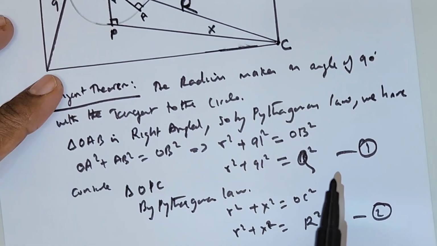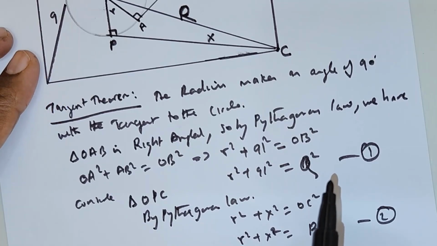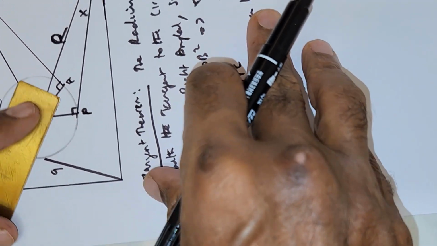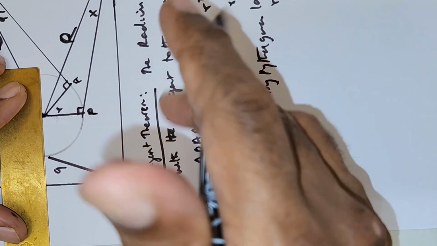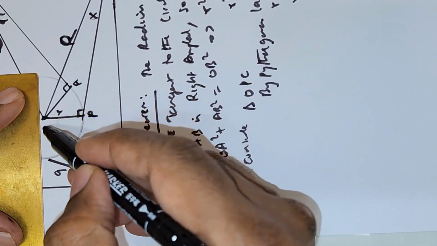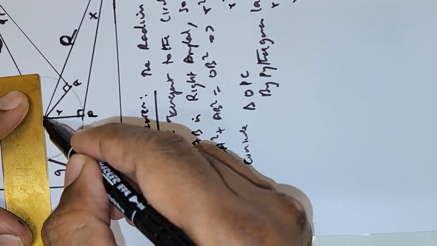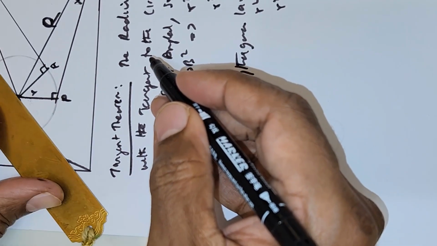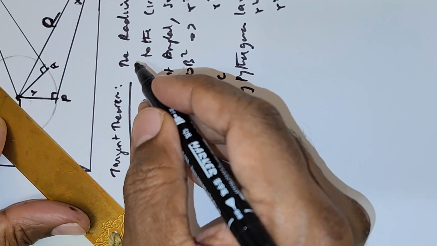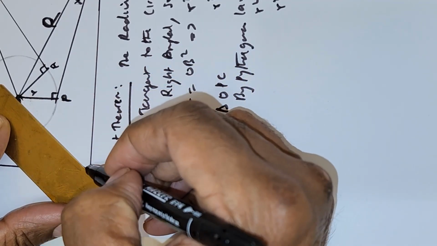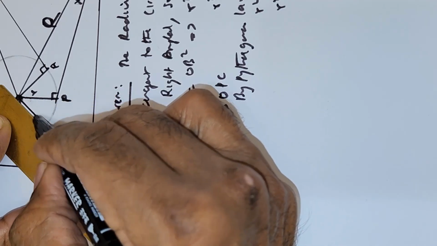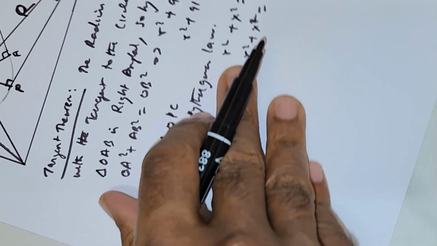Next I'm going to again consider this side. There is a tangency here, so I can draw a perpendicular. So this will be 90 degrees, and I connect the center to the vertex to make a triangle.